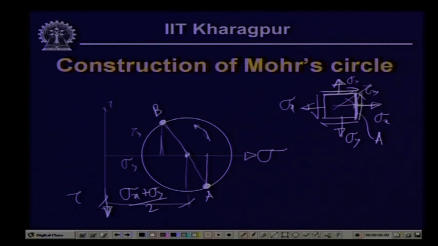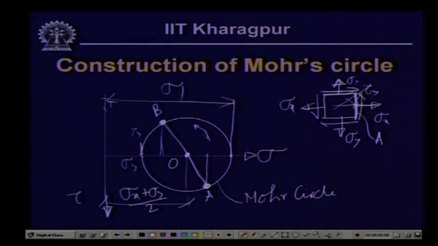Now, if we take the center as O and the radius as O A and O B and plot a circle, this gives us the Mohr circle, wherein this point represents the maximum normal stress sigma 1 and this represents the minimum principal stress, sigma 2.